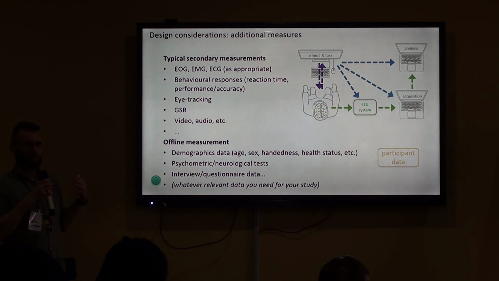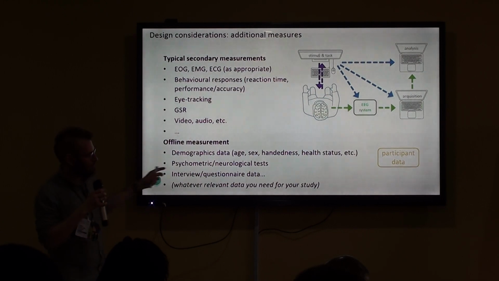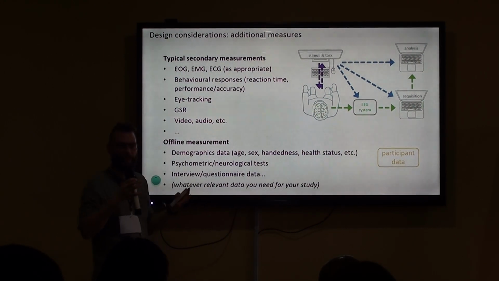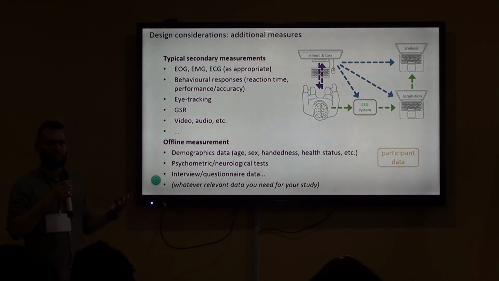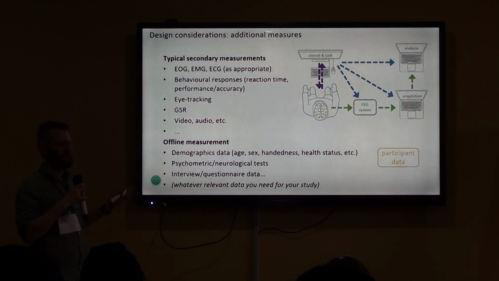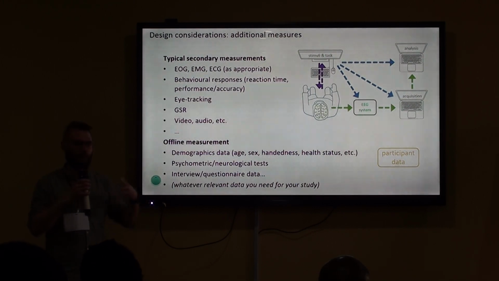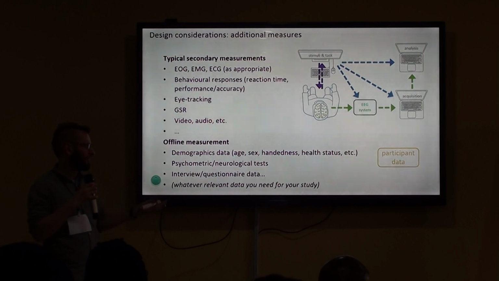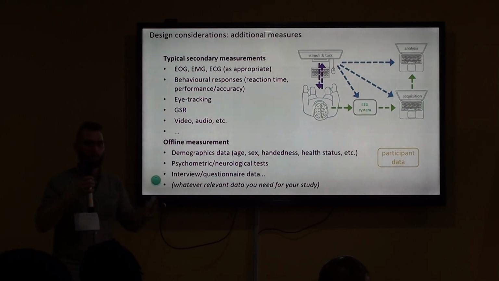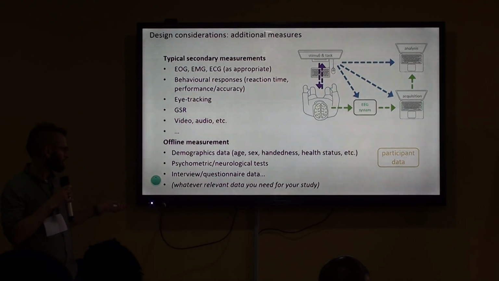Offline measurements. What we usually mean by offline measurements is participant data. It's generally experimental data that we want, but that we don't need to obtain while the participant is sitting in the lab doing an EEG experiment. This could be demographics data, like the age, the sex, or the handedness of the participant, whether the participant was a patient or control, or whatever we would be interested in.